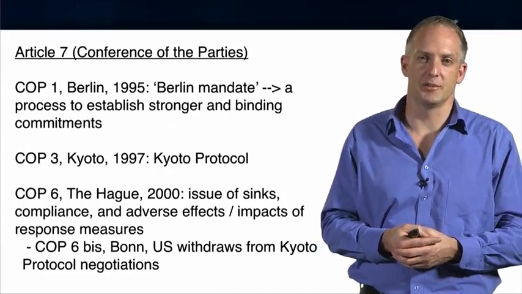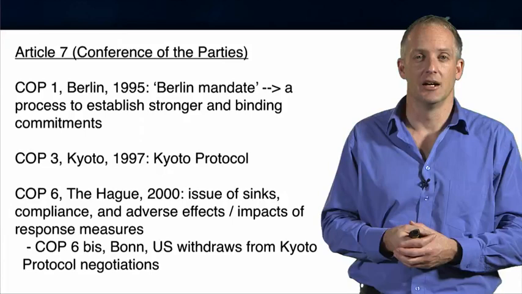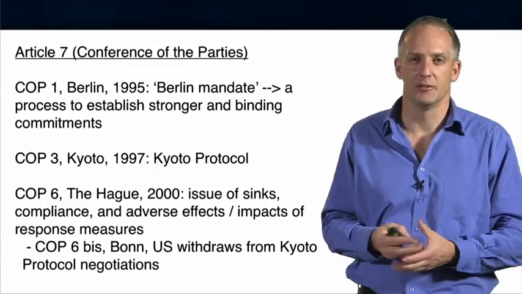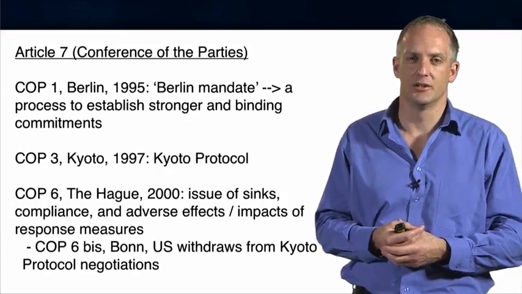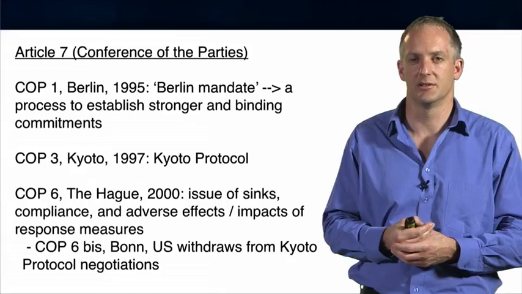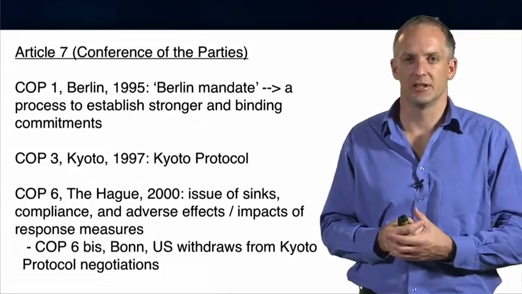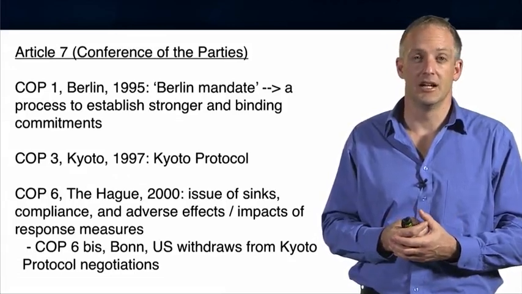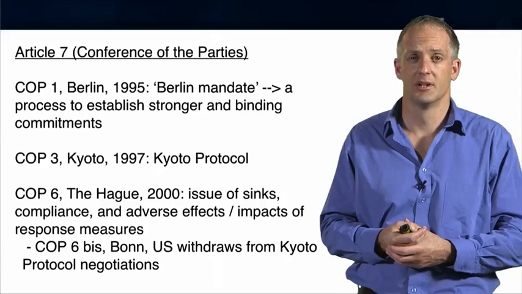Various COPs, conferences of parties, depending on what you're interested in, have been important, some more than others. The 6th Conference of Parties in The Hague was dramatic and introduced a number of contentious issues: the use of sinks to sequester carbon, forests in particular, and questions about compliance, what happens if countries don't meet their commitments.